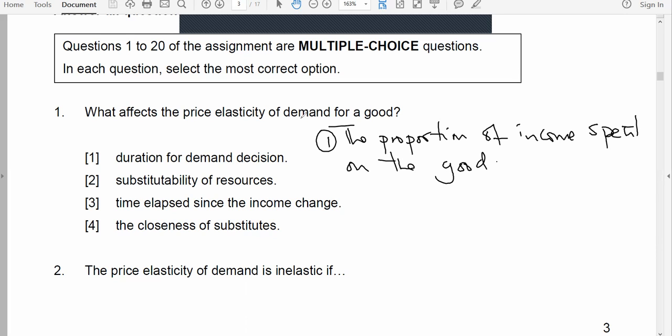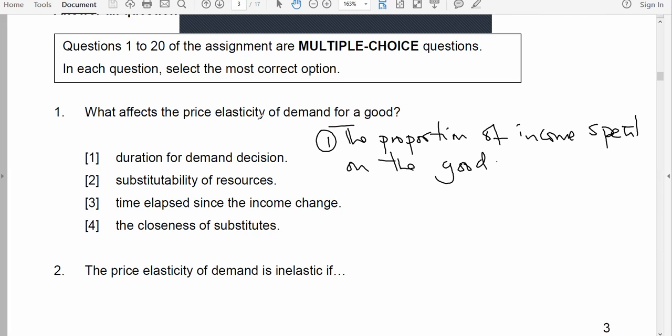Why is that so? Because they only spend a small proportion of their income on cigarettes. So the smaller the proportion of income spent on a product, the smaller the price elasticity of demand, which means the demand is insensitive.